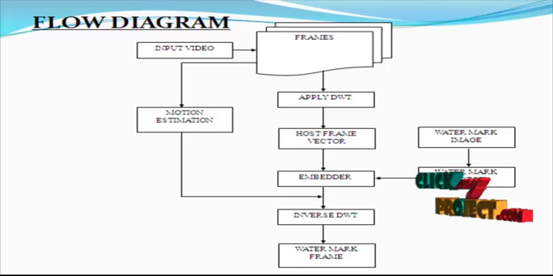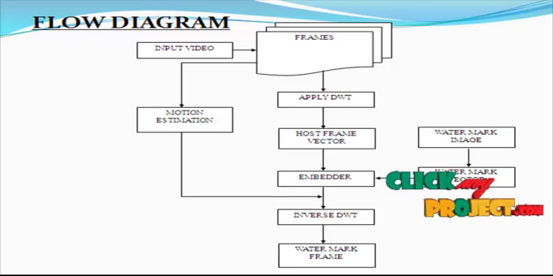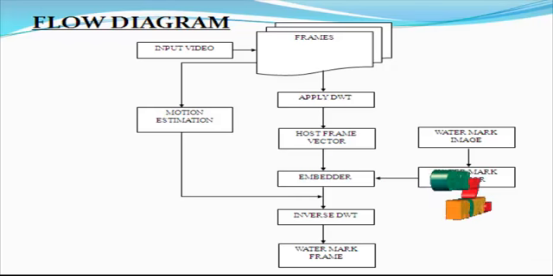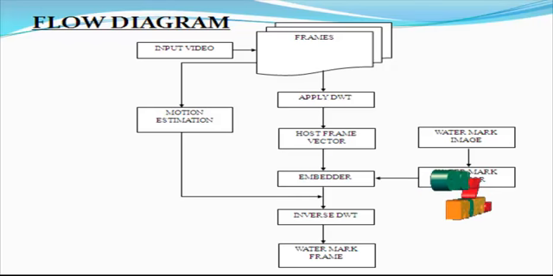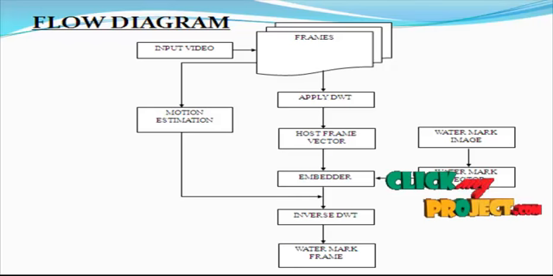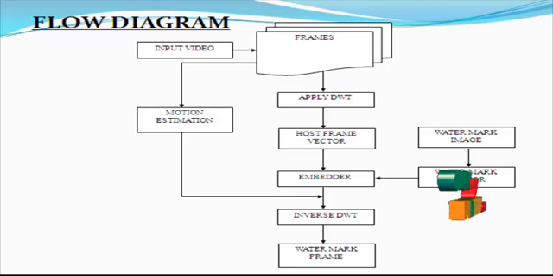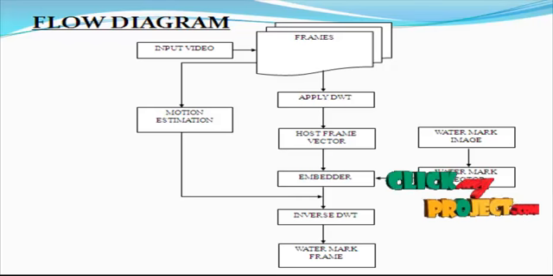This DWT transform mainly covers decomposition, threshold and reconstruction methodology. The decomposition method is applied first, then the threshold level is applied, and then the overall information is reconstructed. The host frame is then input to our embedding section, and any one of the watermark images is selected.